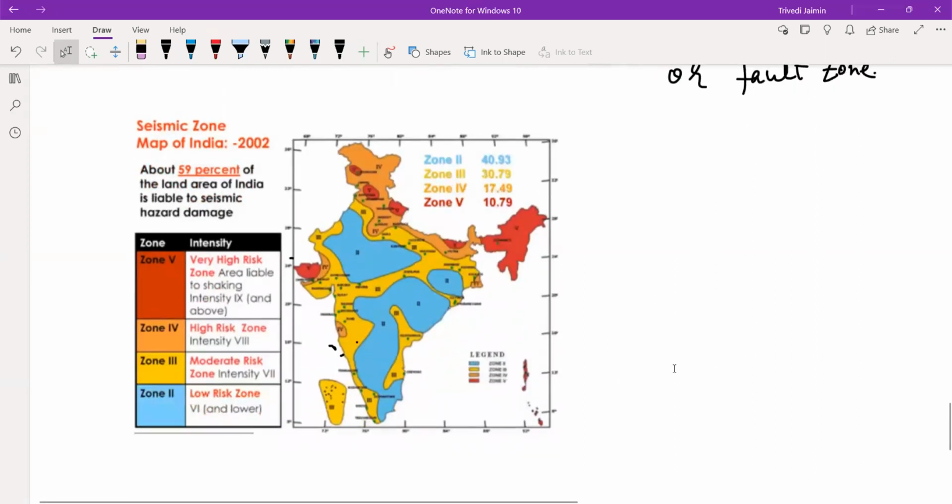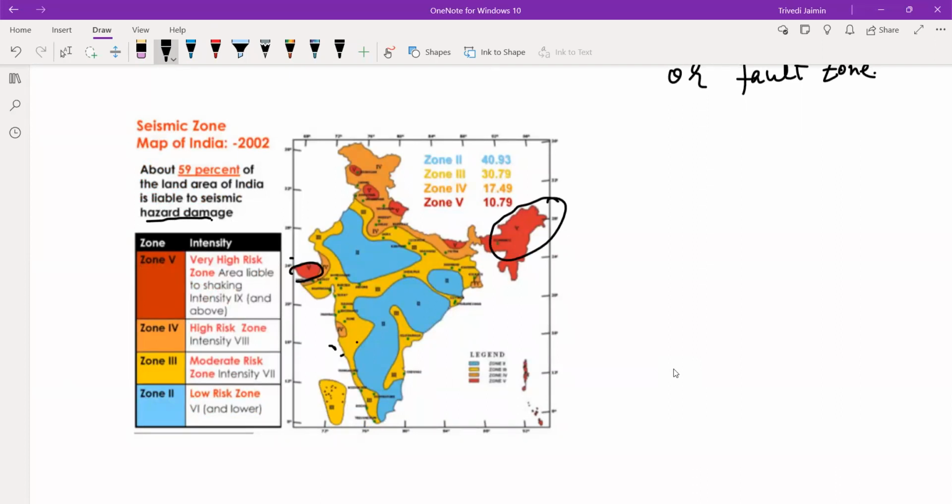Sir, is there a picture of the division of tectonic plates? Like risk zone, see here, 15% of the land of India is liable to seismic hazardous damage. So red zone, this is the most dangerous zone here in this part and some parts. Earthquakes can occur.